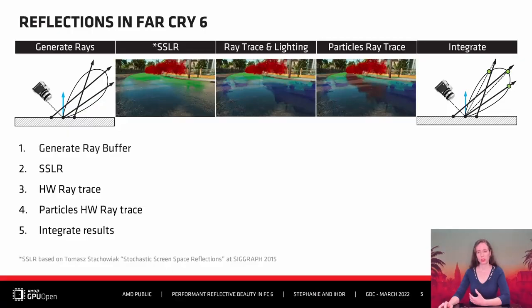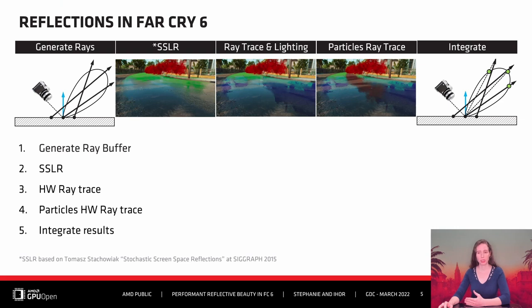In Far Cry 6, we begin by generating rays that will be used for all of our different types of reflection traces. The next is the SSLR pass, and this determines where hardware-accelerated ray tracing is required. I'd like to note that our screen space reflections are based on the methodologies presented in Stochastic Screen Space Reflections, a SIGGRAPH 2015 talk.